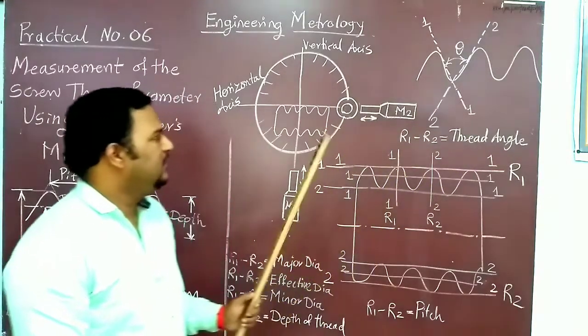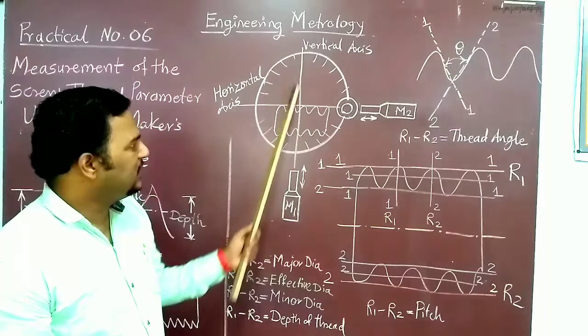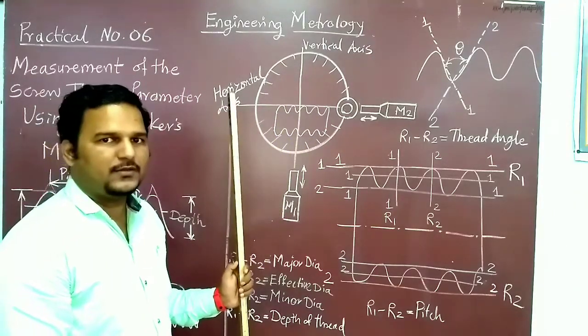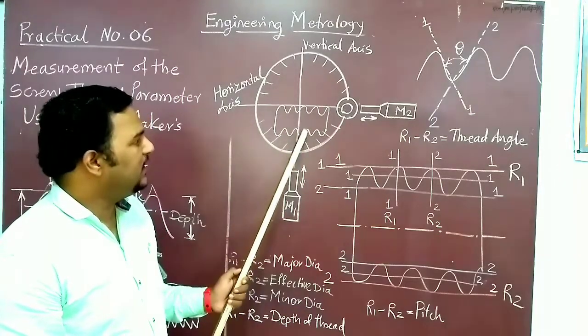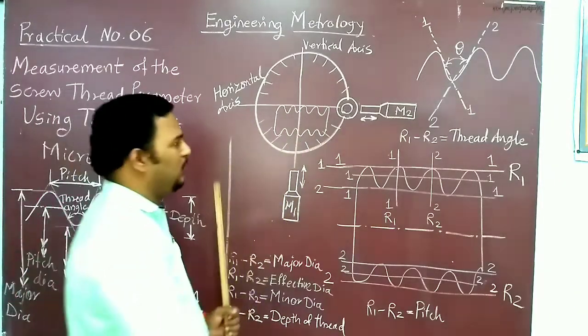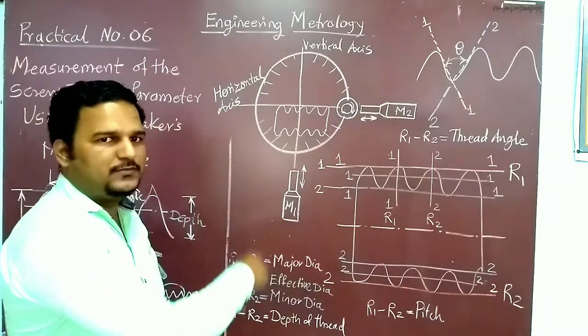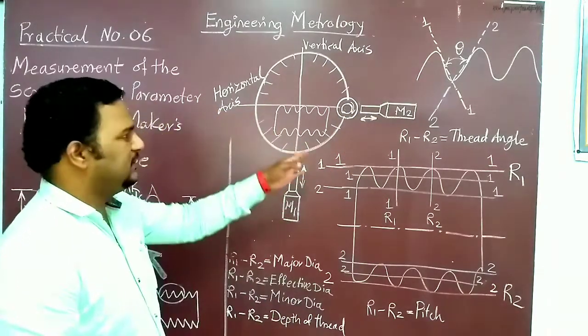Now the last parameter is the thread angle. For the thread angle, we must align this vertical axis to any one of the flanks. Okay, now how do you align this vertical axis? By rotating this knob, we can actually align that vertical axis.